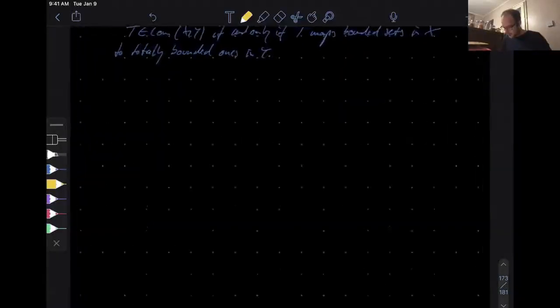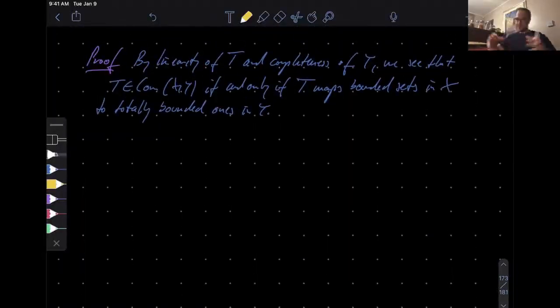And that's why here, if you have bounded sets, then they're certainly sitting inside a ball of arbitrary large radius. And that's why this first implication is true there. T maps bounded sets in X to totally bounded ones in Y. Up front, by the definition, it maps it to compact ones, but the compactness and total boundedness in a complete metric space are exactly the same thing. Right? So that's why I can write this.